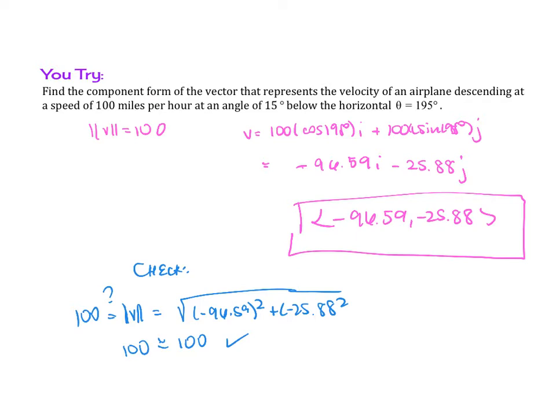So that will be negative 96.59 i minus 25.88 j, and this is what it is in component form. Then you could always do a check, make sure that the magnitude does match, and if you round it, it is approximately 100. That should make sense to you, because you notice that it's negative 96 and negative 25.88.